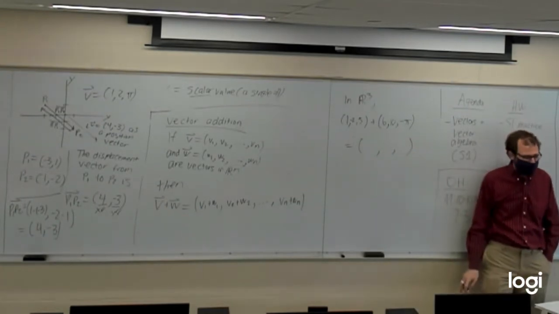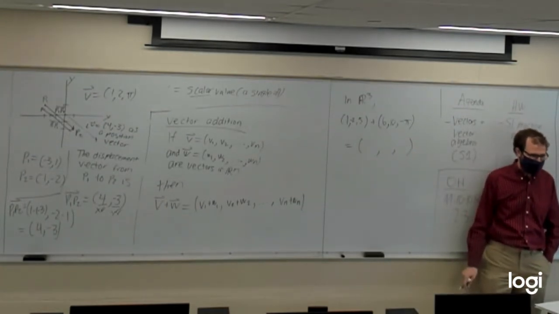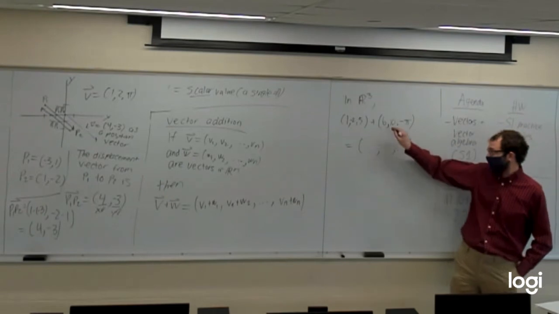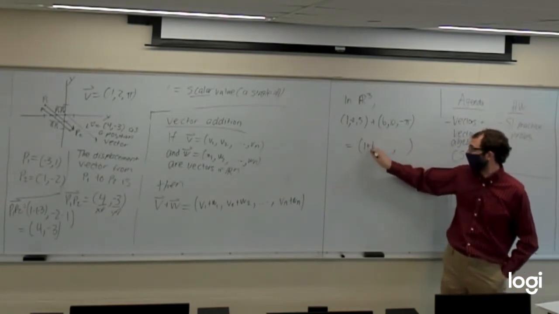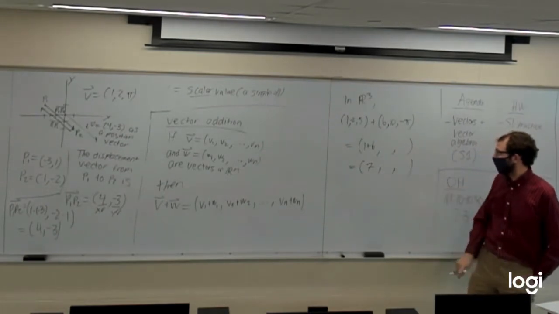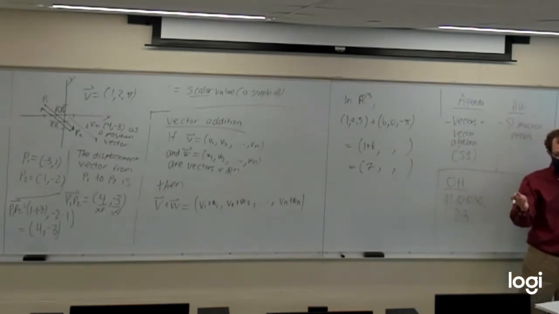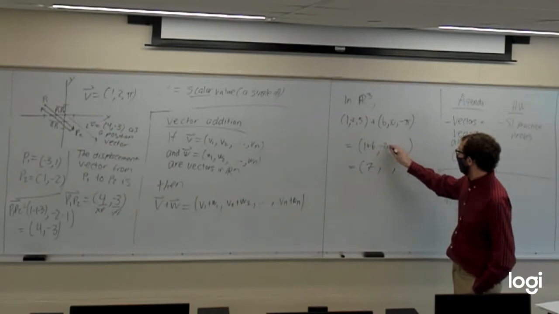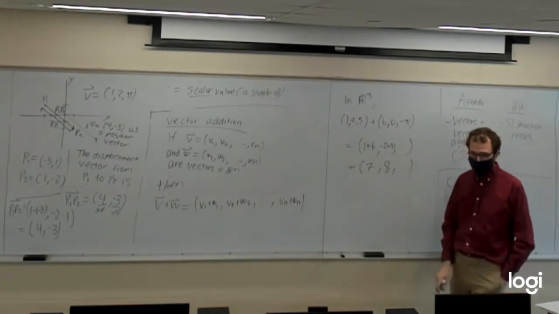What's the first coordinate of the sum? Yeah, 1 plus 6 is 7. Second coordinate? 8. Negative 2 plus 10 is going to give us 8. I agree.